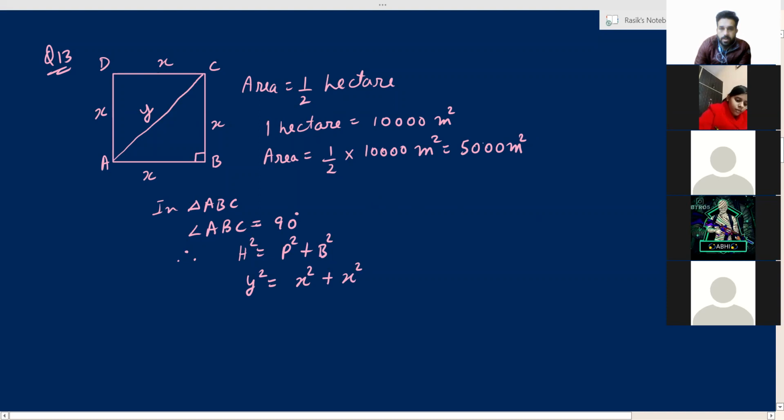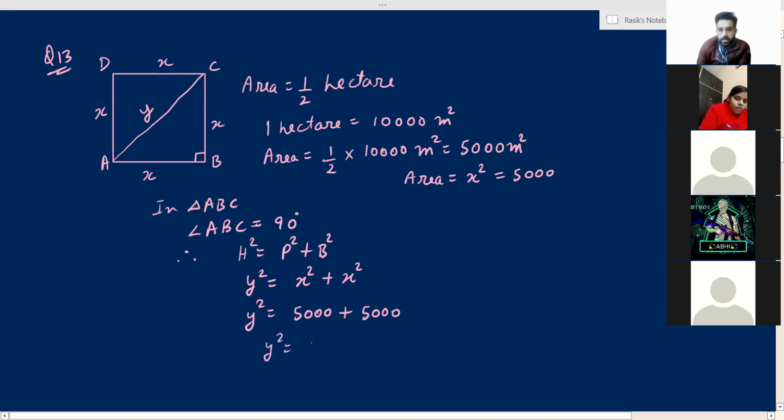If the area is given as 5000 meters square, what is the formula of area of a square? Side into side, or side square, so that means x square. Area is equal to x square, and this is given as 5000. So can we put 5000 in place of x square? 5000 plus again 5000, putting the value of x square.